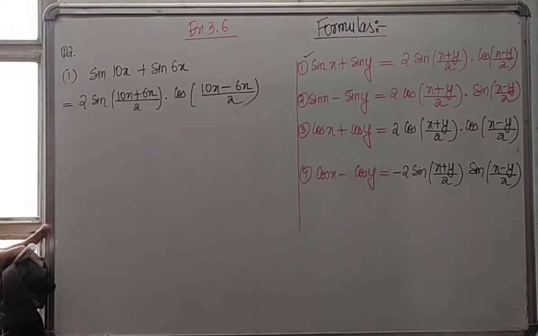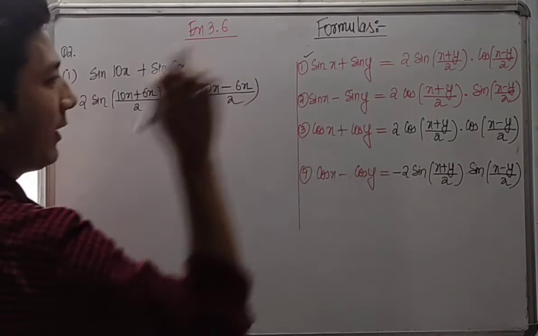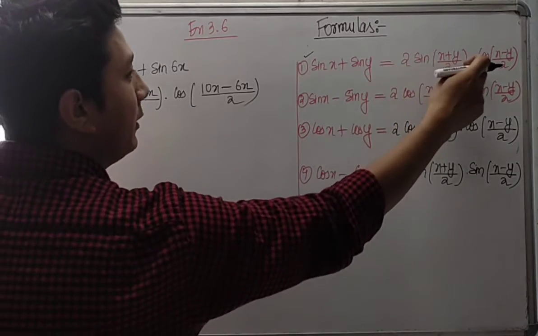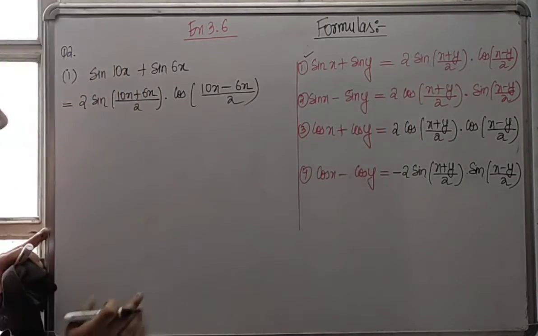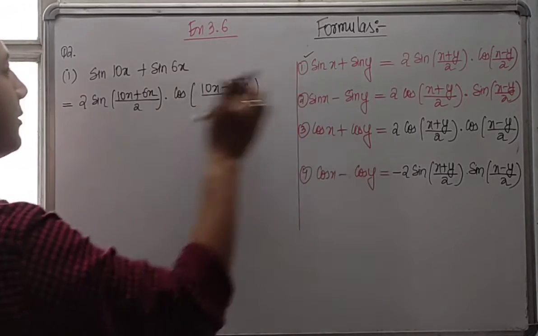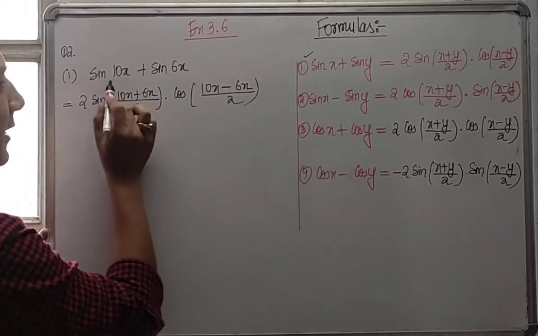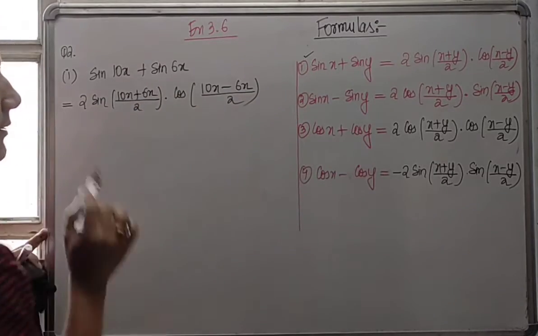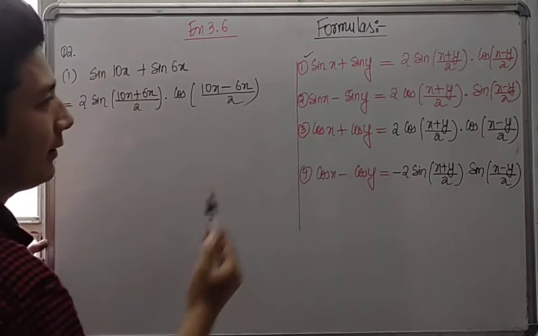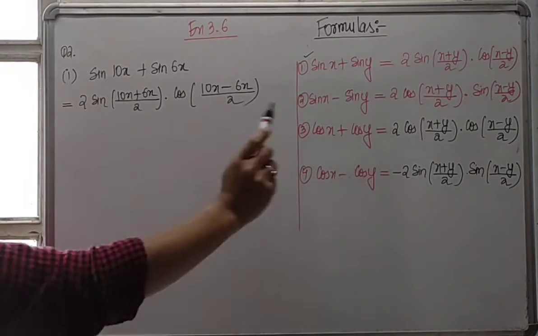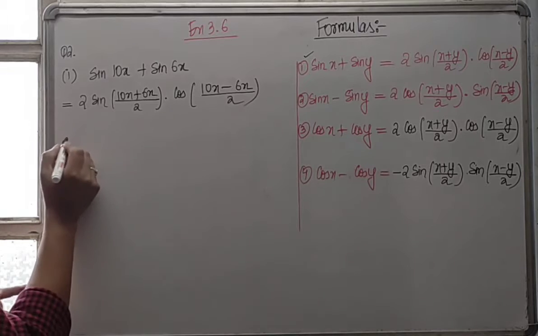Please compare this with this. Is it in the same form? Obviously yes. The value for x is 10x and the value for y is 6x, so use this formula only. In place of x you put 10x, in place of y you put 6x. Then you'll get this. Let's simplify this.